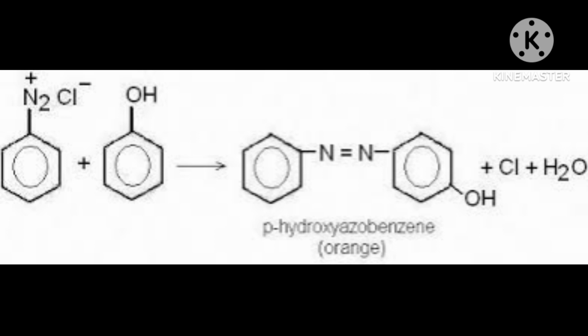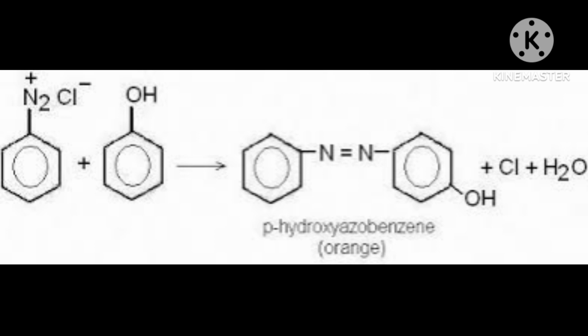Correct? Now after that what will happen? Because H went as H plus, that carbon will become negative. And Cl went as minus, then that N will become positive. Then N positive and carbon negative both will join.